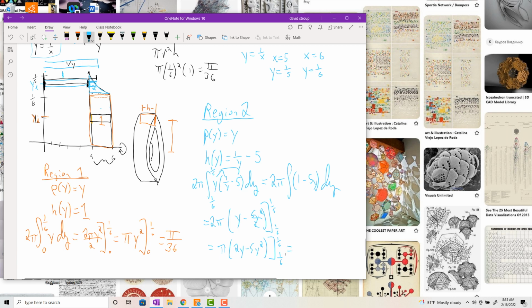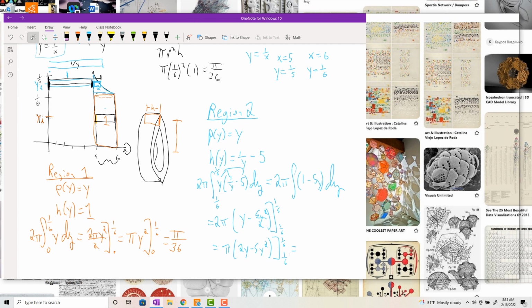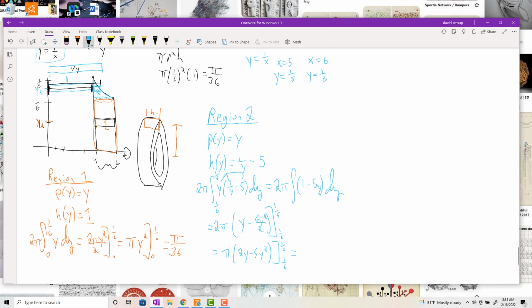Then we're going to use the fundamental theorem of calculus to evaluate. So I have pi times 2 over 6, which is the same as 1 over 3, minus 5 over 36, and then minus this thing evaluated at 1/6. They're not both 1/6.